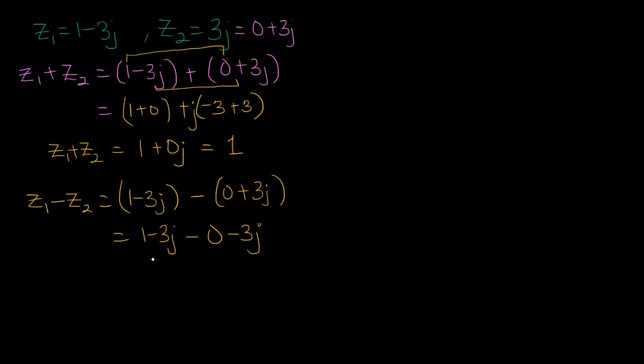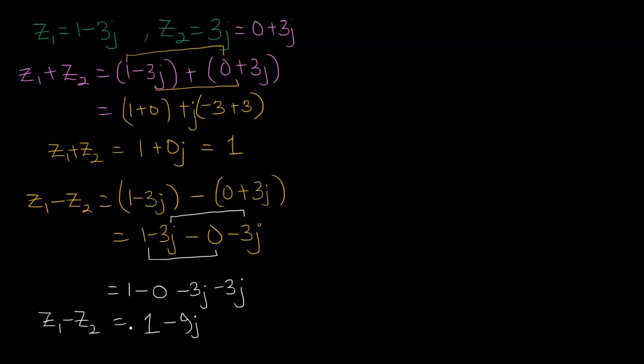We see that here, 1 and 0 are the real parts, so I'm going to bring them together, 1 minus 0. Minus 3j and minus 3j are the imaginary parts, so I'm also going to bring them together. So 1 minus 0 is 1, and minus 3j minus 3j is minus 6j. Thus, z1 minus z2 is 1 minus 6j.